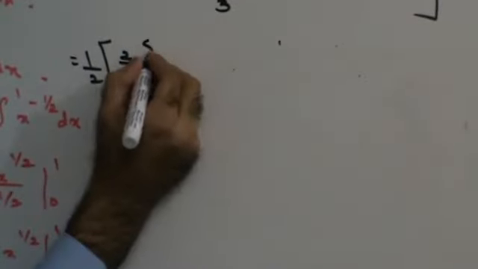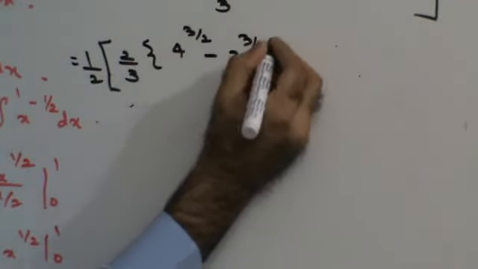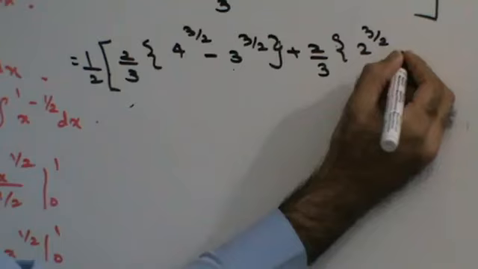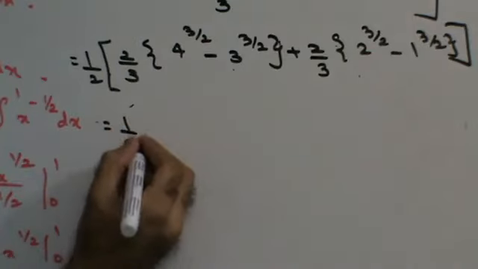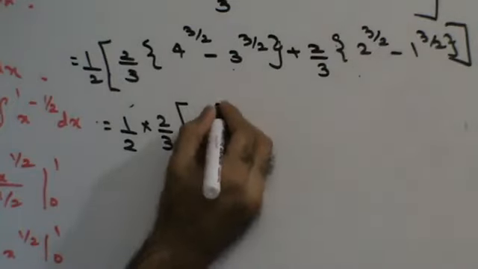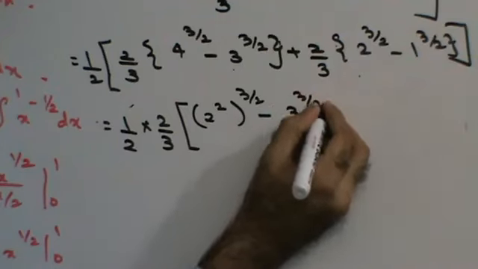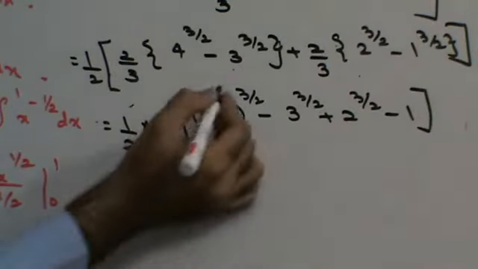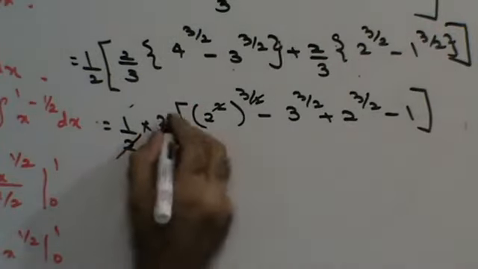This is going to be 4 raised to 3 by 2 minus 3 raised to 3 by 2 plus 2 by 3, 2 raised to 3 by 2 minus 1 raised to 3 by 2. 2 by 3 comes out, so 1 by 2 into 2 by 3 common I am removing outside. 4 can be written as 2 square, raised to 3 by 2, minus 3 raised to 3 by 2, plus 2 raised to 3 by 2 minus 1 square, and this 2 gets cancelled. So this 2 and this 2 also get cancelled.